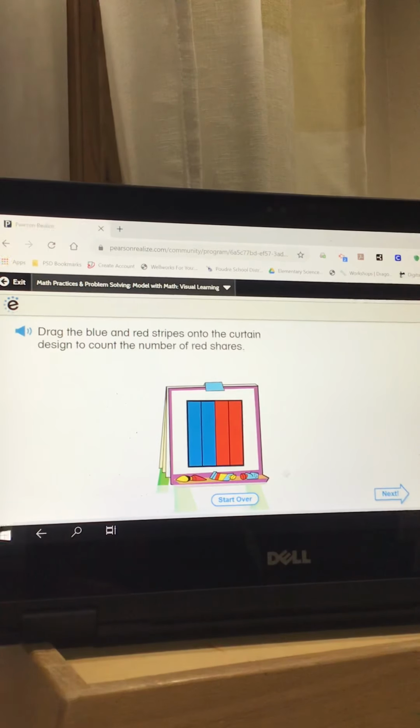How much of the curtain is red now that I've put them side by side? Half of the curtain is red, but it doesn't matter if I have a pattern or not, because 2 equal shares out of the 4 equal shares are still red. There is still half of the curtain that is red.